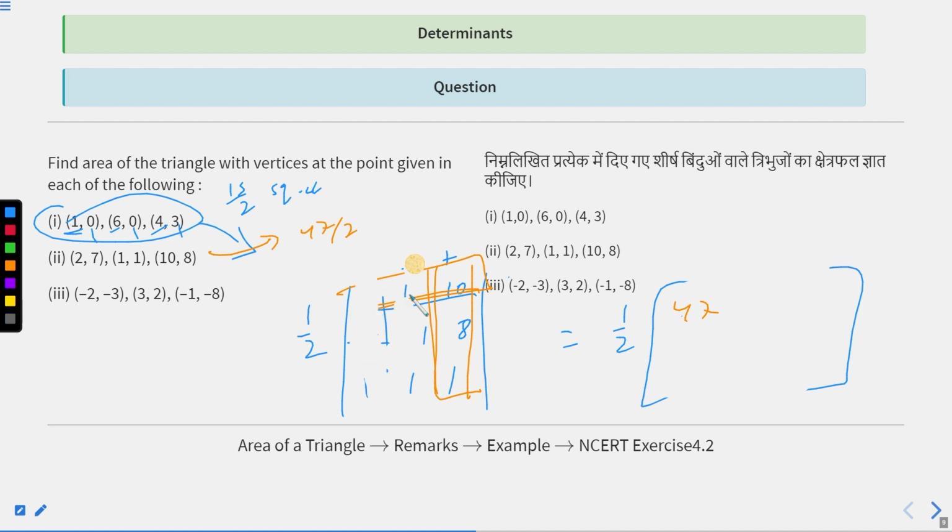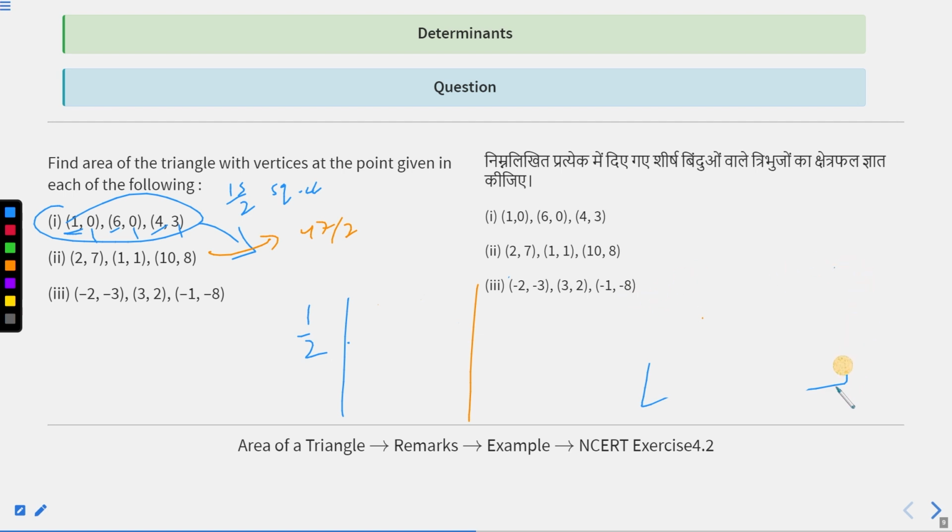Okay, simple. Things are very simple. You just have to put x1 x2 x3, y1 y2 y3 and 1 1 1 in this specific form to find your area.